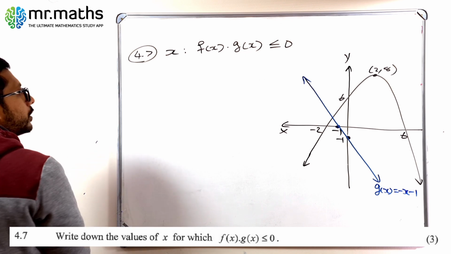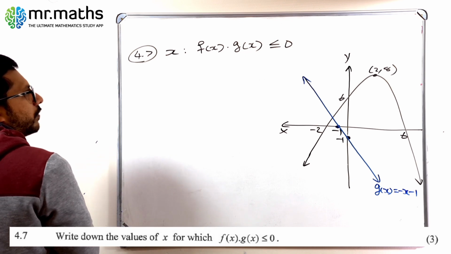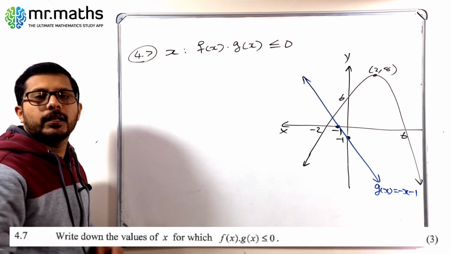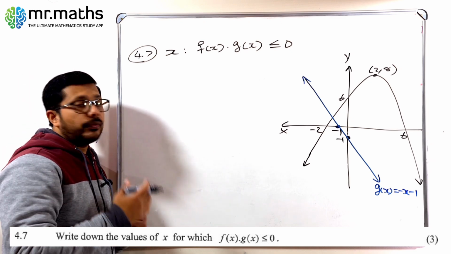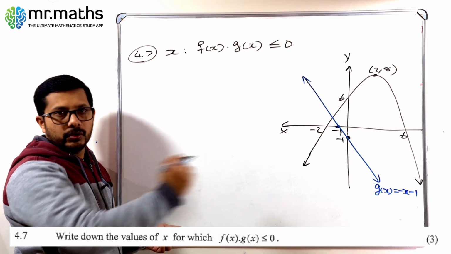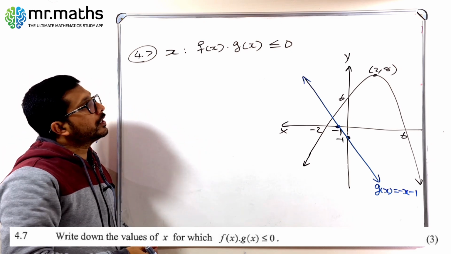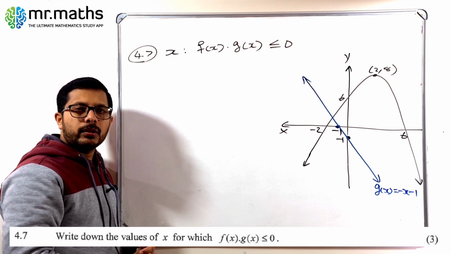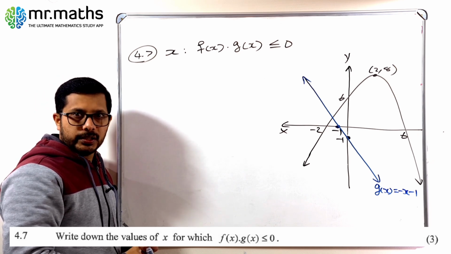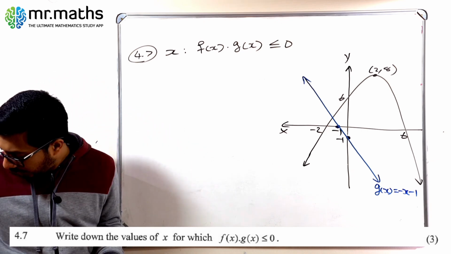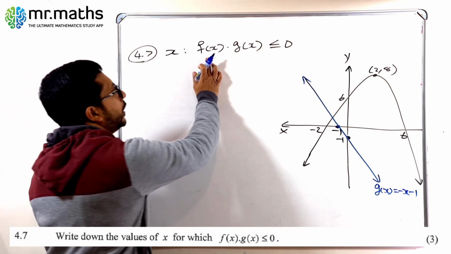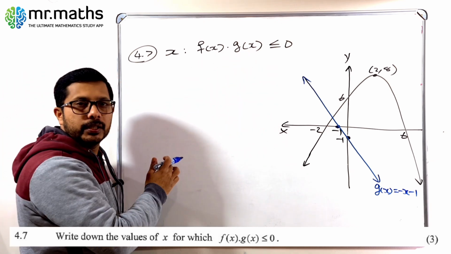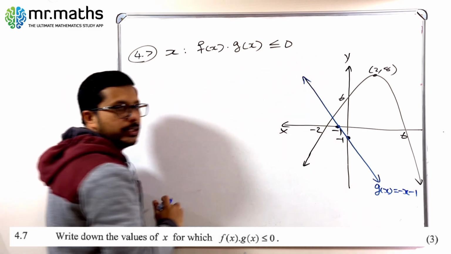So guys, what is the meaning of that one? Anyway, we have to find the values of x. And what is the condition? F of x times g of x is less than or equal to 0 means what? Negative. So here two quantities, or two graphs, are multiplied and the answer is negative.